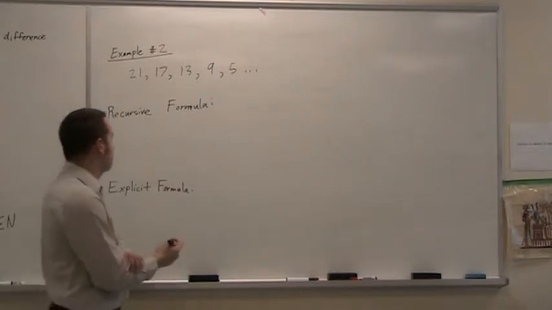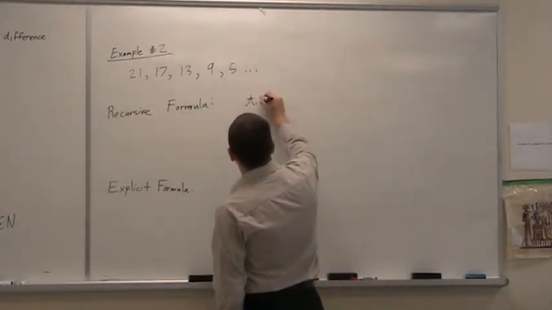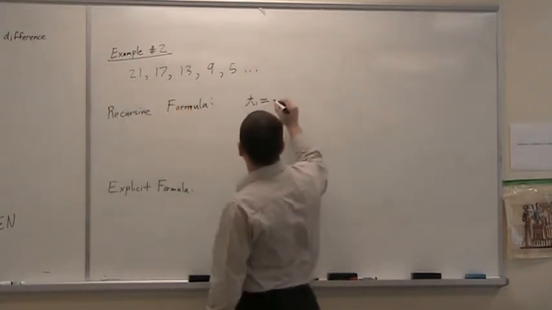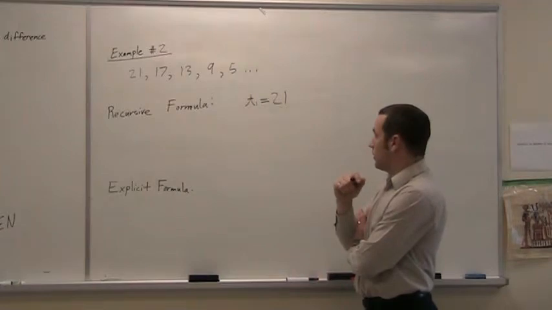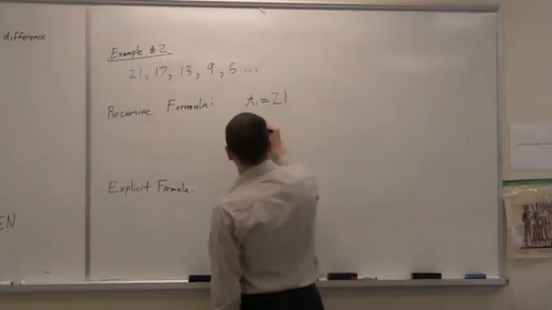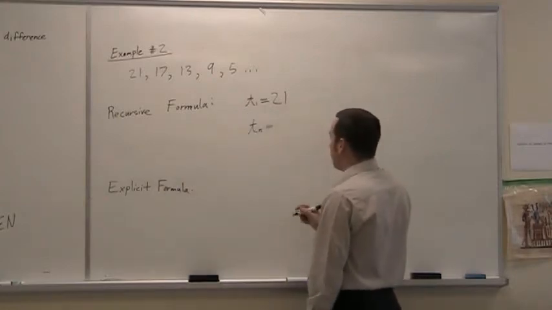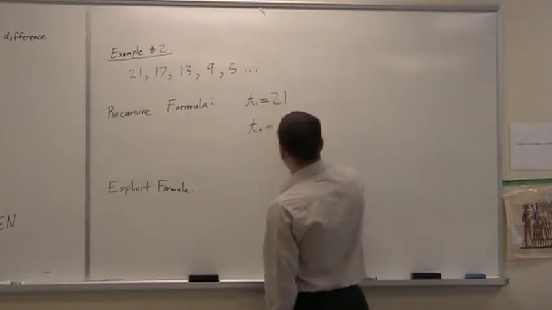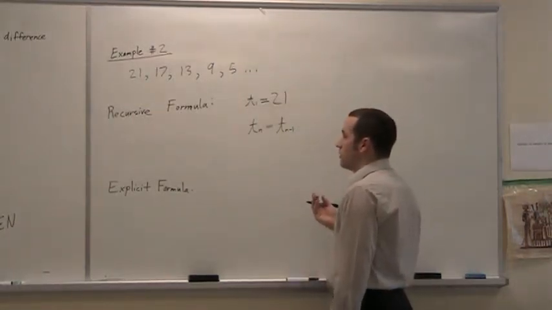Okay, for the recursive formula, again, we tell the person what that first term is. T1 is equal to 21. Now we tell them any term you can get by taking the previous term, Tn minus 1, and in this case I have to look for what my common difference is.